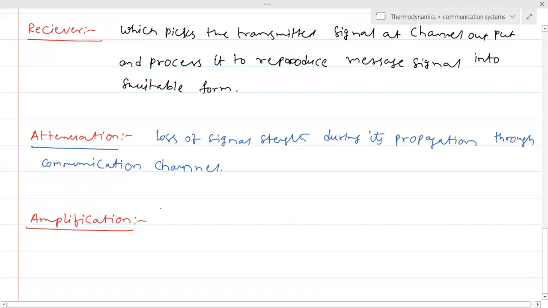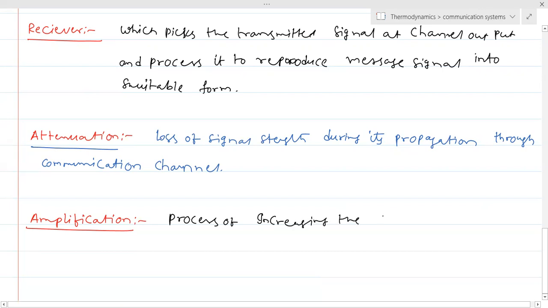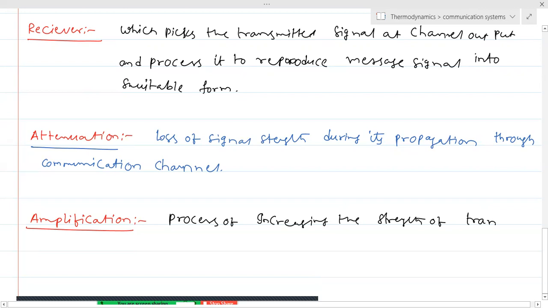So that means this is the process of increasing the strength of transmitted signal.